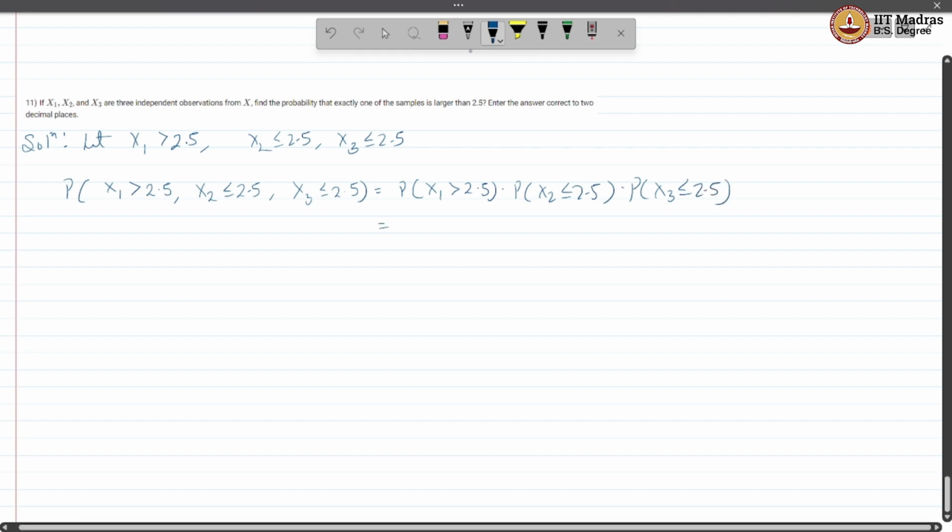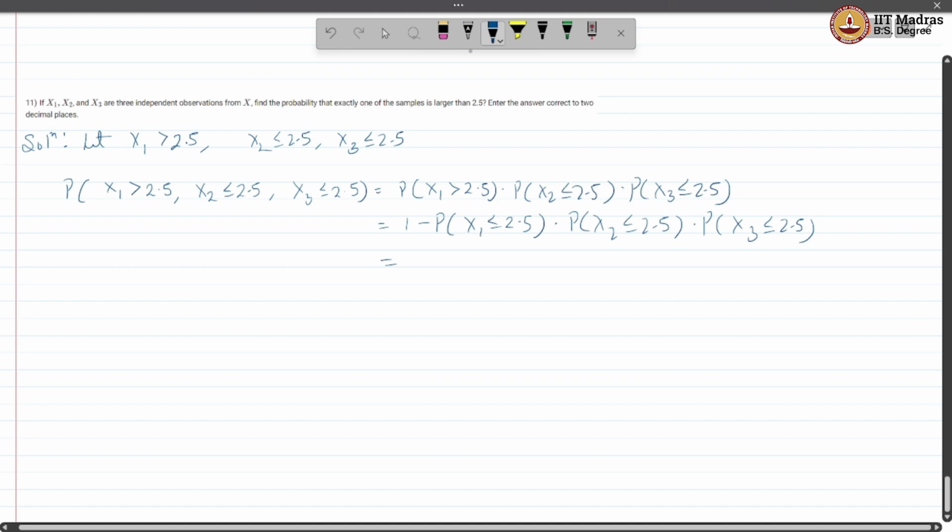And the probability that x1 is greater than 2.5 can be written as 1 minus the probability that x1 is less than or equal to 2.5.